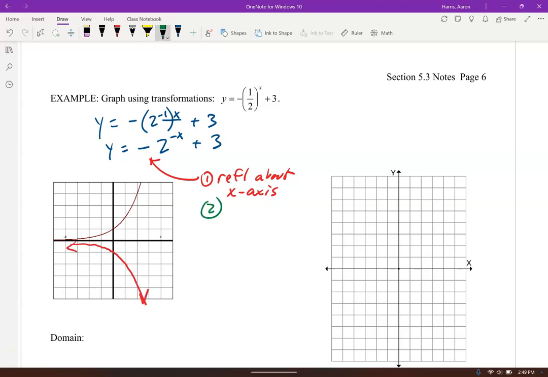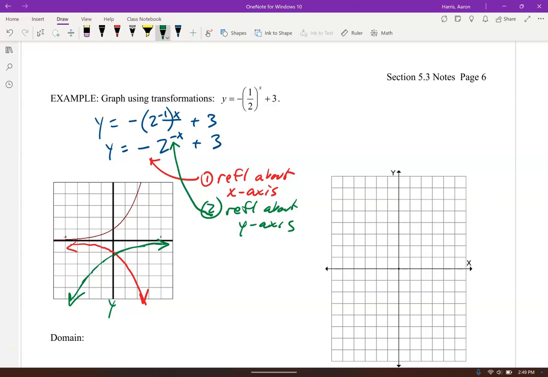And then number 2, from there, we'll reflect about the y-axis. So now it's like there, kind of green. So I've reflected about the y-axis, the red one about the y-axis.